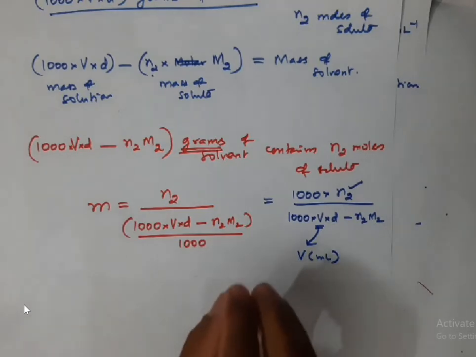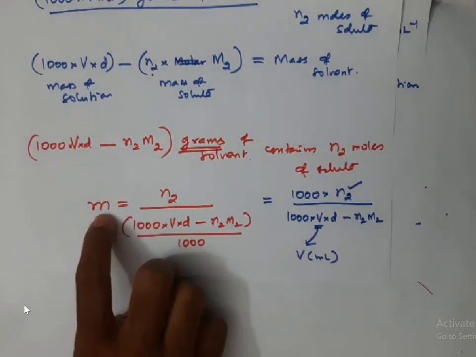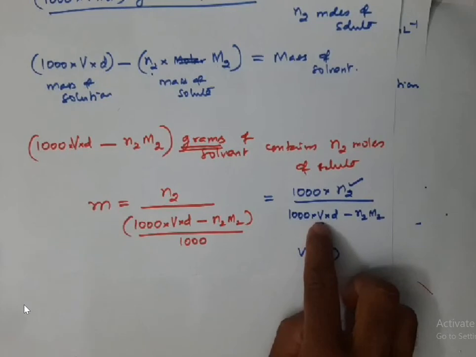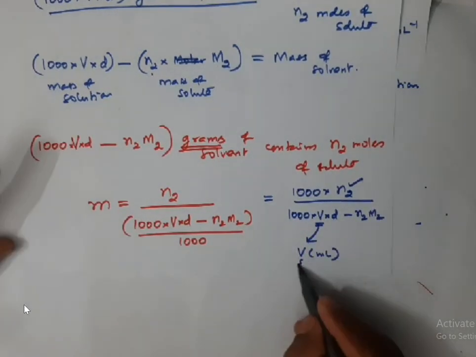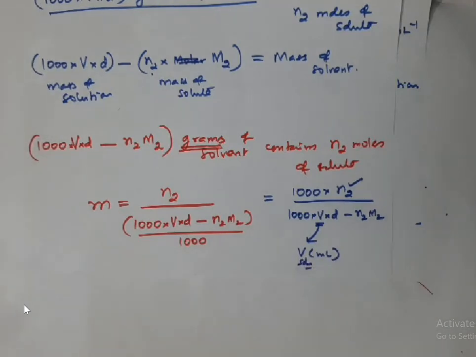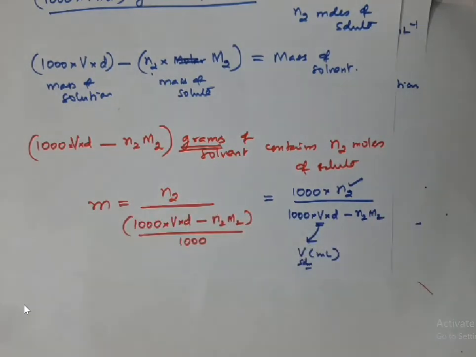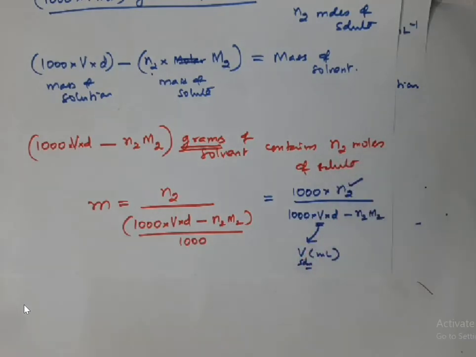This is one way of writing the answer, but here to find molality, I am taking number of moles of solute and I am taking volume of the solution, right? This is volume of the solution, but it should be in ml. Okay, so if you know these values, you can calculate molality.